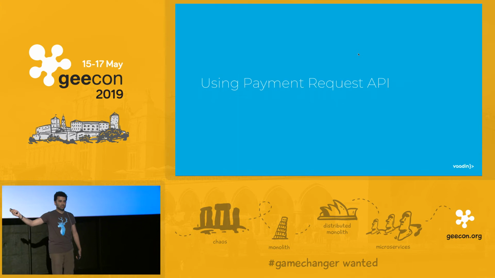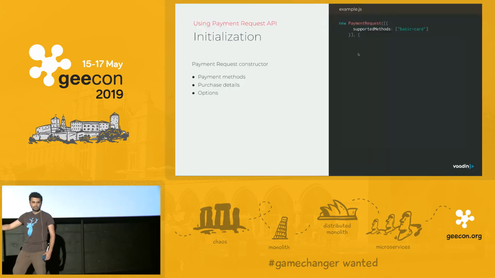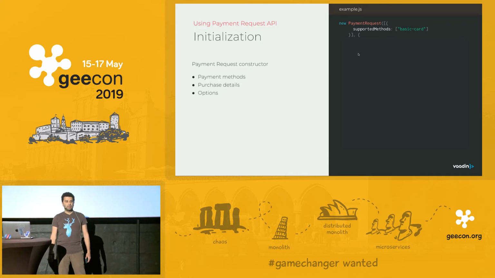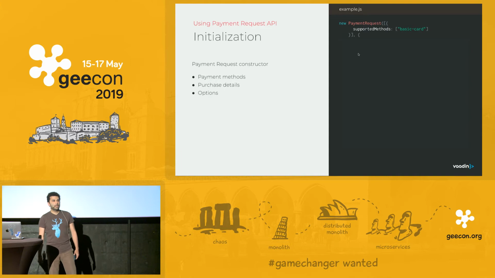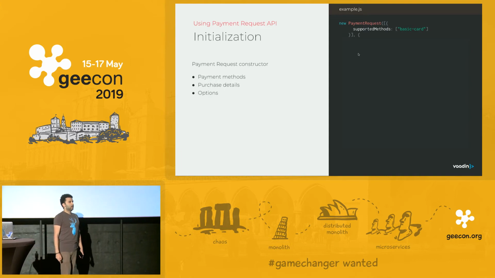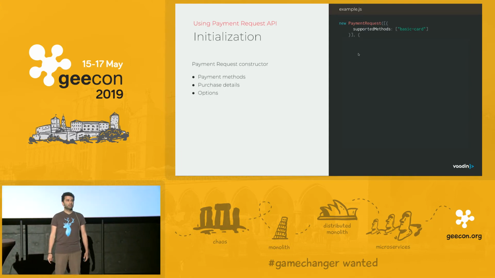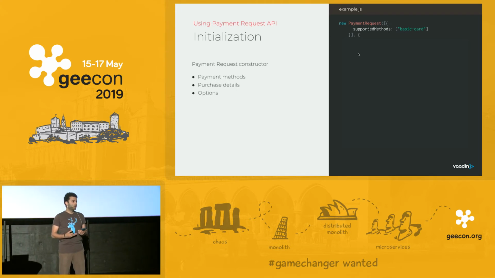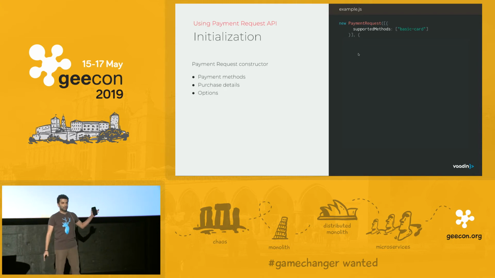So what does this code look like? First of all, we initialize the payment request object, and we give it an array of supported payment methods. When I say basic card, it means a basic credit card. So we say that I support a basic credit card, or if you are on Chrome and Android, you can also add Android Pay.